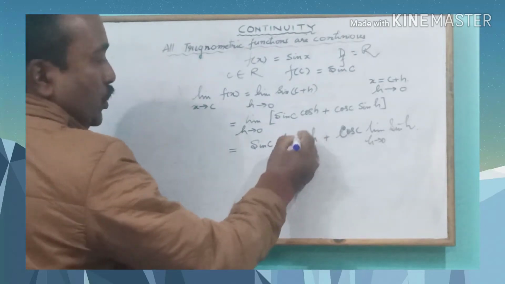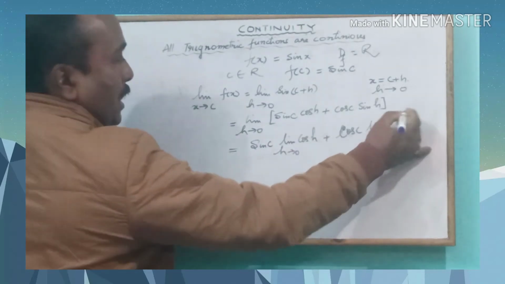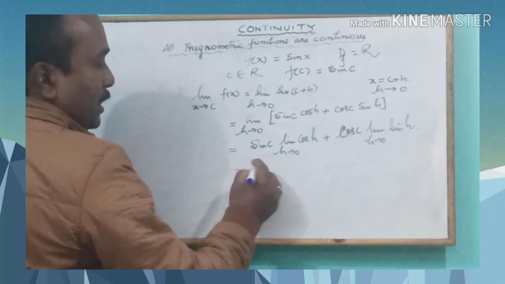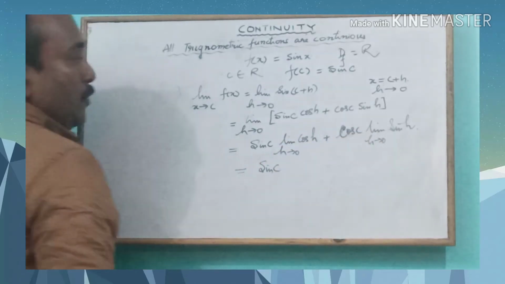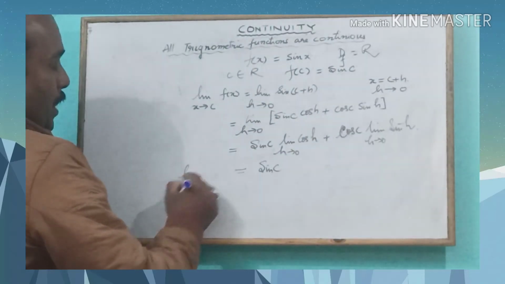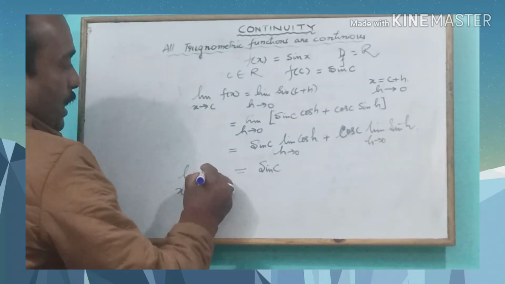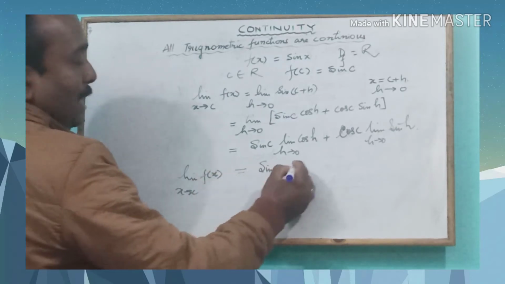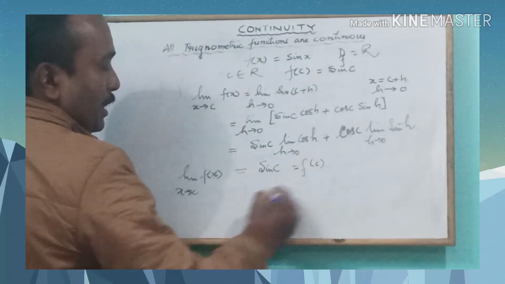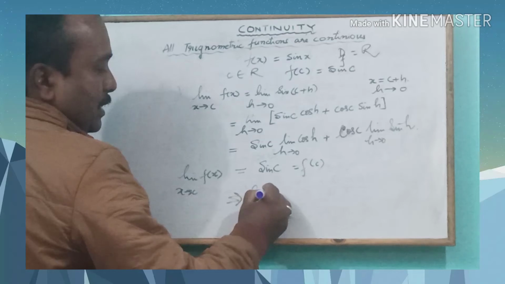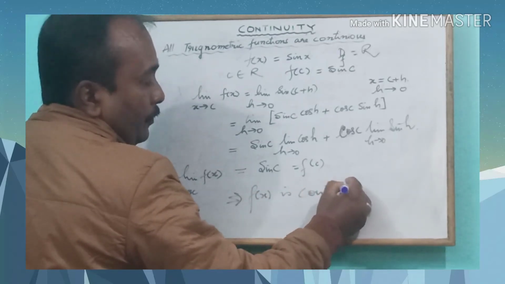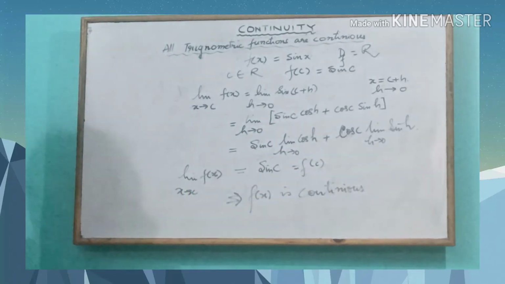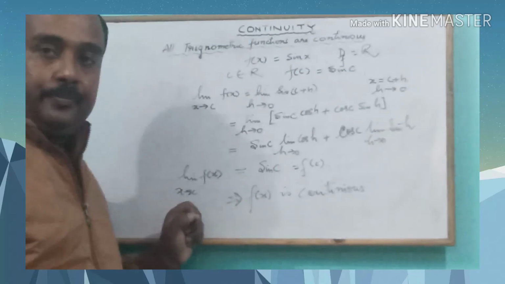So, cos 0 is 1 but sin 0 is 0. So, this is sin c into 1 plus 0. So, we have got limit x tends to c, f(x) is sin c, and this is also f(c), implies f(x) is continuous for all the values of x in the domain of the function f(x).